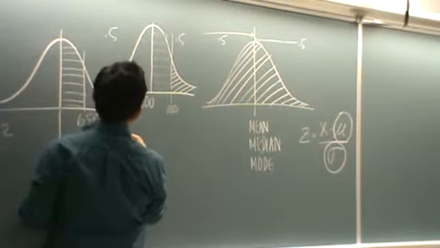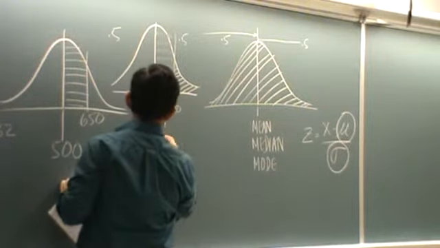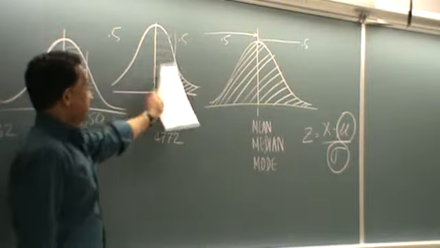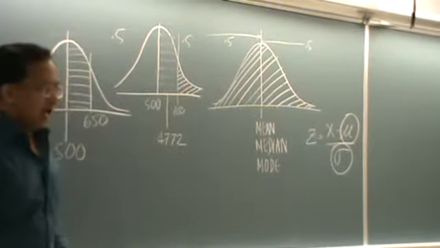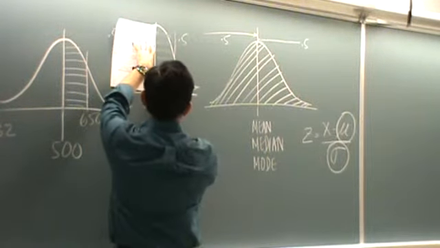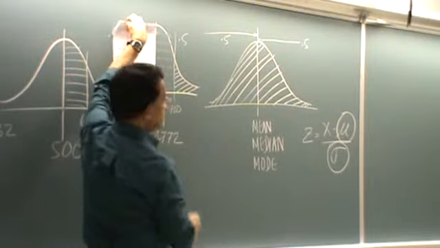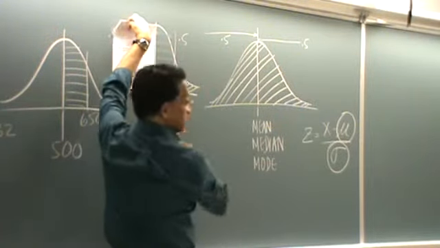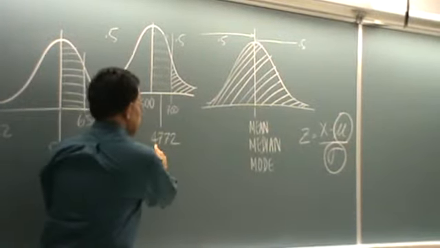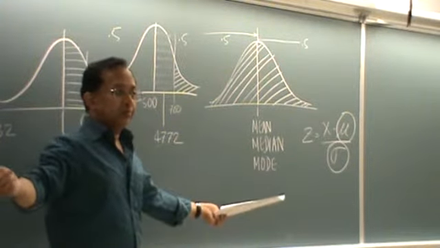Half of this curve is 0.5, the whole thing. We found this part is 0.4772. So how do we find this part? Subtract, yes. Subtract 0.4772 from 0.5, and that's it.